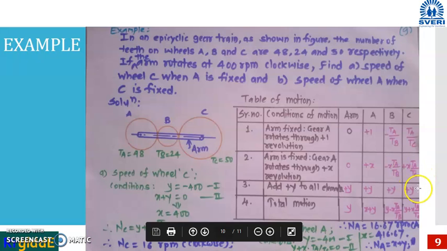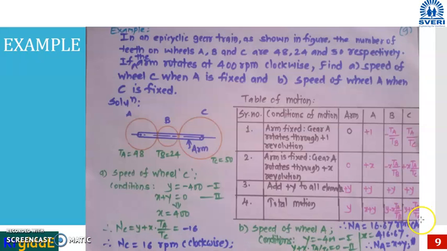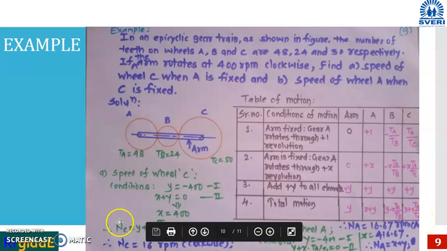Now speed of C is equal to total motion of C. Total motion of C is equal to Y plus X TA upon TC. So NC is equal to Y plus X, and we put the values of X and Y. We are getting value NC is equal to 16 rpm clockwise.